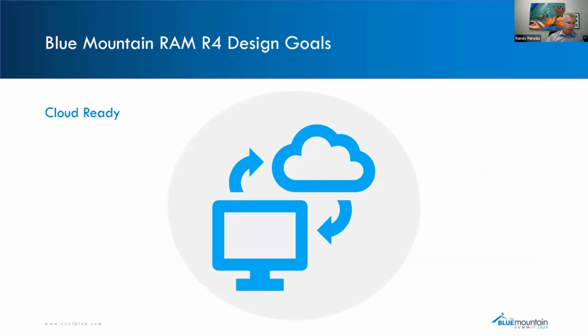All right, Cloud Ready. We talked a little bit about R3 and our exposure in the cloud. R3 was developed as an on-premise implementation. So when we moved it to the cloud, even though we did some significant cleanup work for it, it still was built a very particular way.